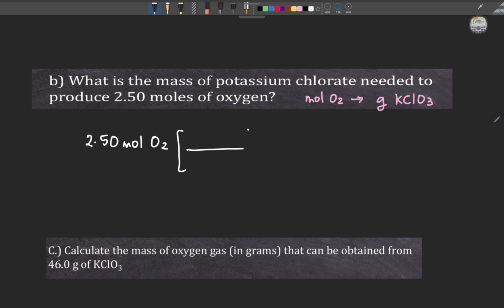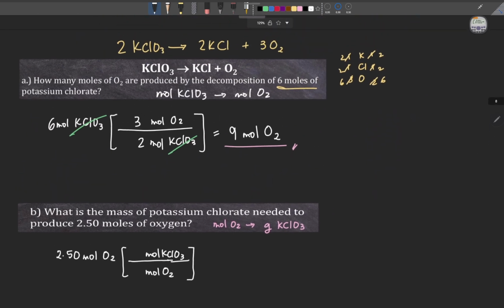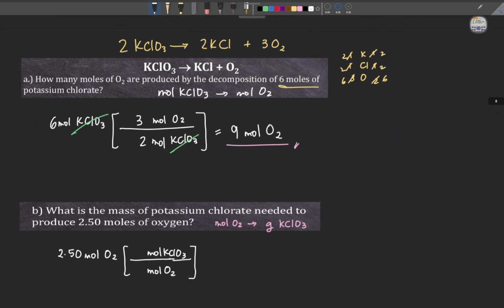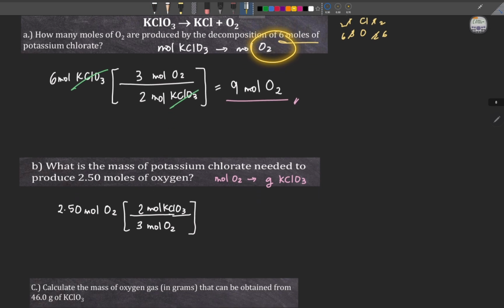We have to convert this to moles of KClO3. Mole to mole, so that's from the balanced equation. 2 is to 3. Then we cancel this.